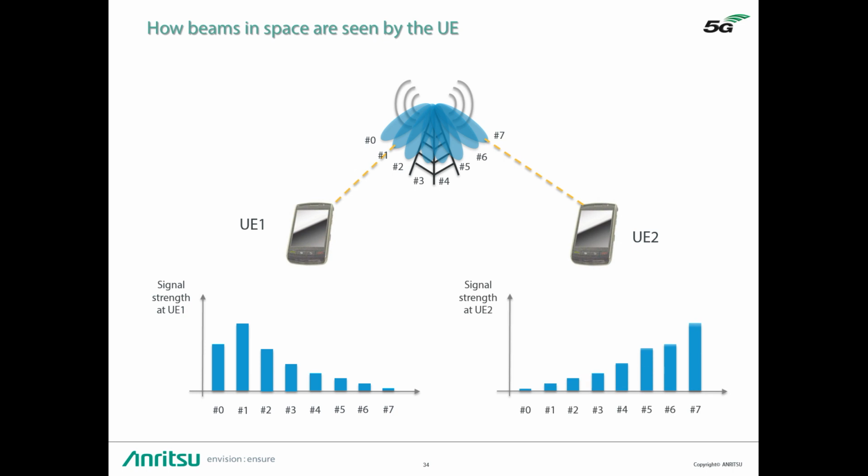From the measurement results, the UE can identify the SSB index with the strongest signal strength. This SSB with the strongest signal strength is the best beam for the UE1. For instance, this is beam number 1, and UE number 2 is seeing beam number 7, which is the strongest one.